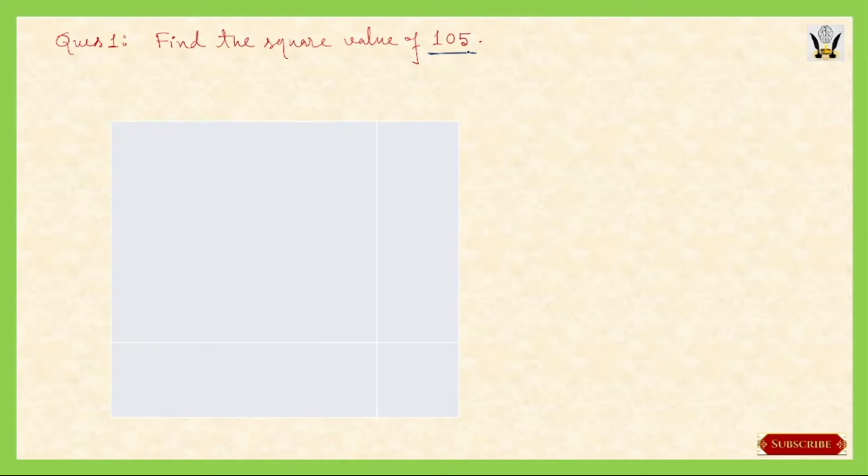Now, to find the square value of 105, we will use the same identity that we used in the column method, and that was (a plus b) whole square, which is equal to a square plus 2ab plus b square.